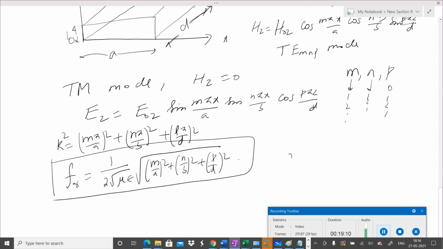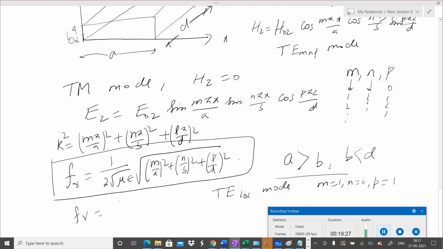And one more thing, if the dimensions are such that a is greater than b and b is less than d, then the dominant mode, that is the lowest frequency, will be the 101 mode. So m is equal to 1, n is equal to 0, and p is equal to 1, which gives fr equal to 1 over 2 root mu epsilon times the square root of 1 over a squared plus 1 over d squared.